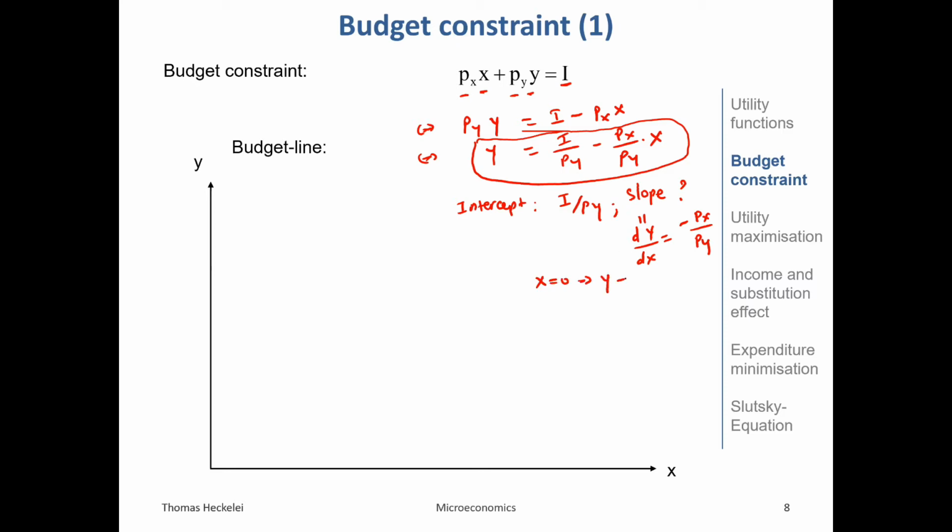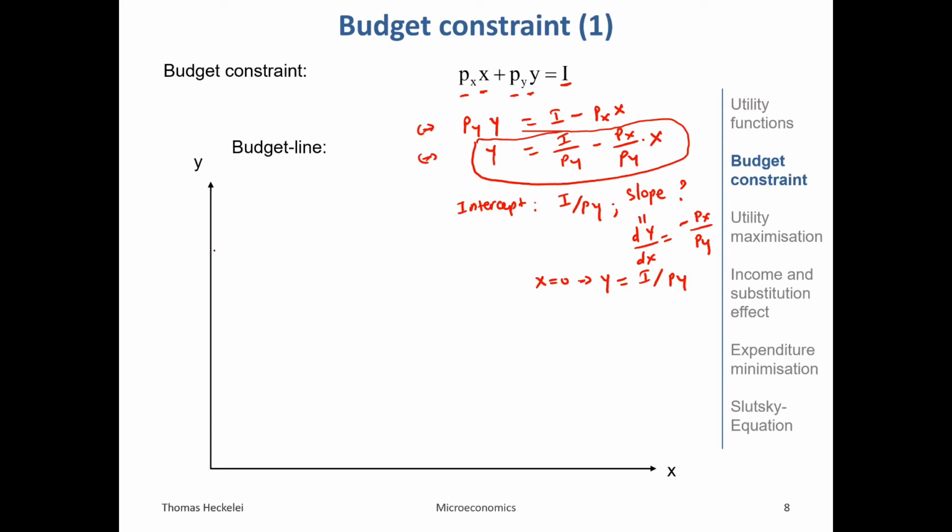Then we have y equal to I over py. What is that? That is the point where you don't consume any x at all and you put all the money you have on y. That is the intercept. So x is 0 and y is I over py.